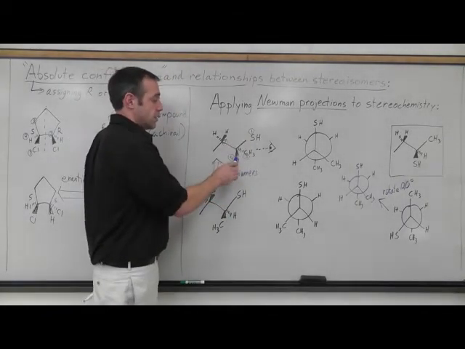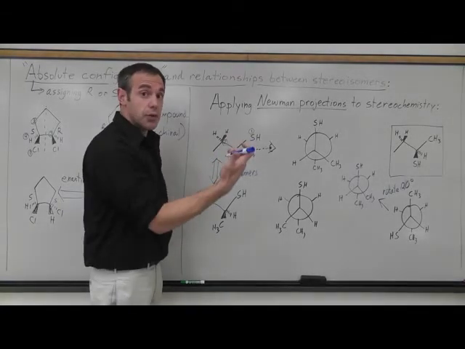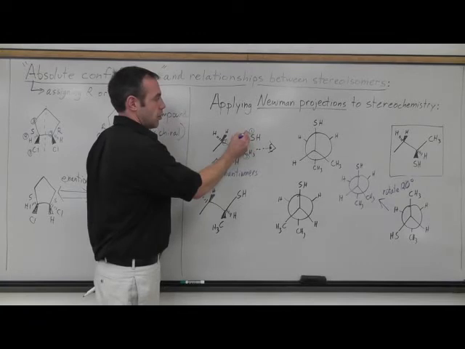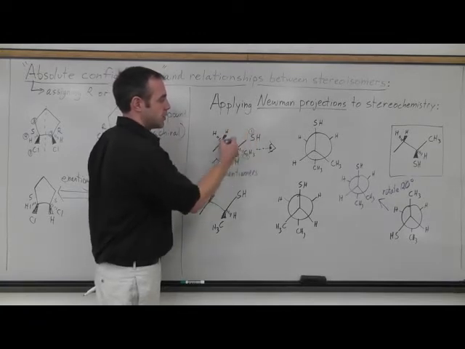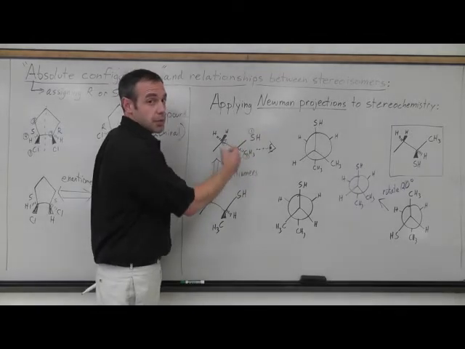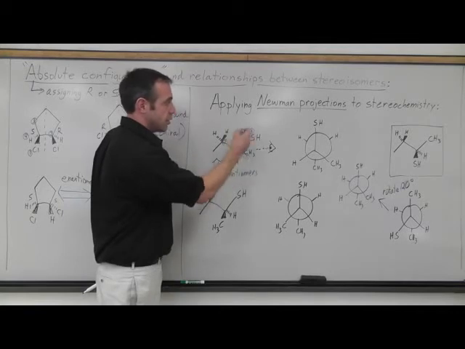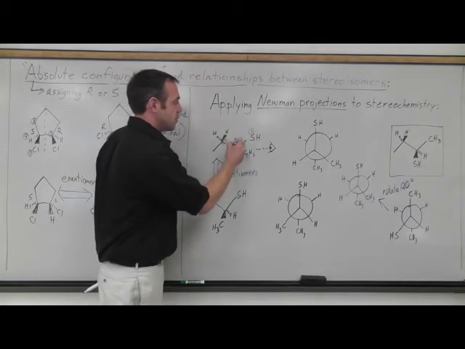And so hydrogen, our 4th priority group, is oriented out towards you. And so if we count through 1 through 3, 1, 2, 3, we're going in a counterclockwise direction, but the 4th priority group is oriented towards us, and so we change our direction, we're going clockwise, and that should be R.